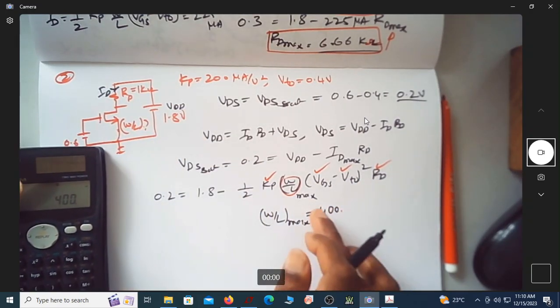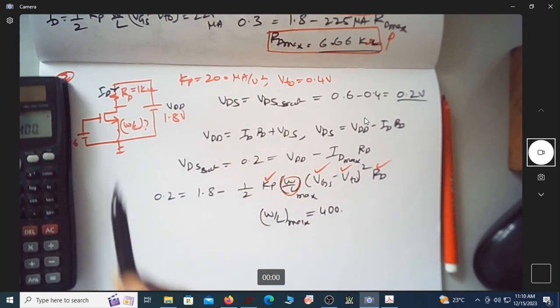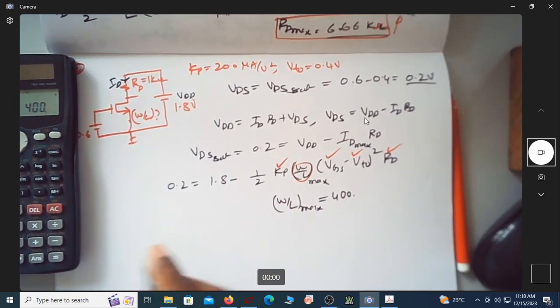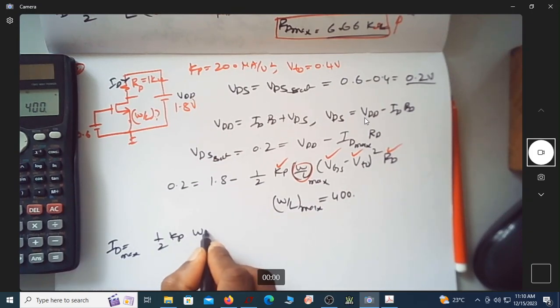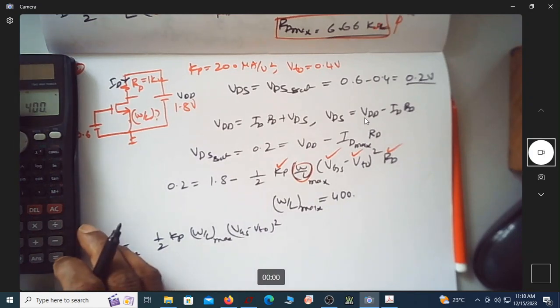How do we verify whether, for 400 W by L, it will be in saturation or not? We can certainly do it. Taking this W by L as 400, can we actually find the value of ID? ID max is equal to half Kp W by L max into VGS minus VTO whole square.